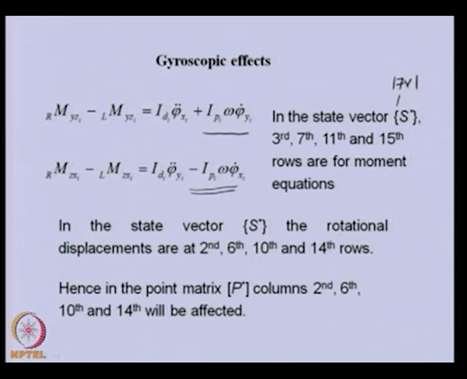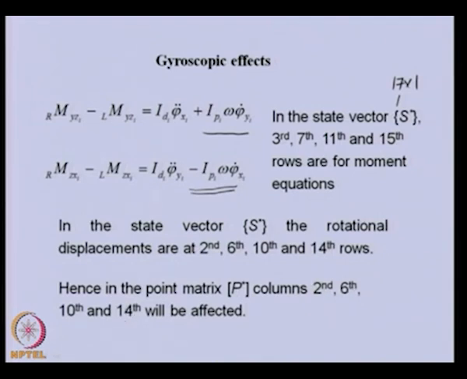So, in the point matrix, their position will be the 3rd, 7th, 11th and 15th rows, and their columns will correspond to the angular displacement, that is, the 2nd, 6th, 10th and 14th.